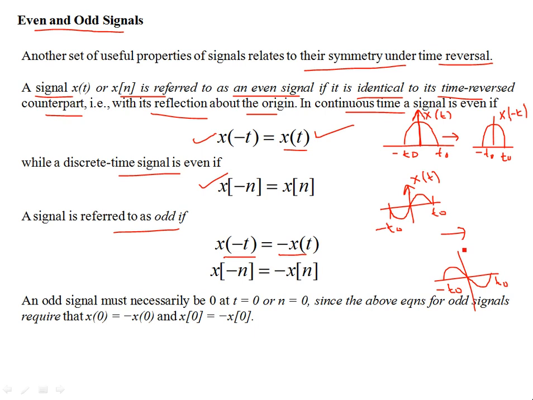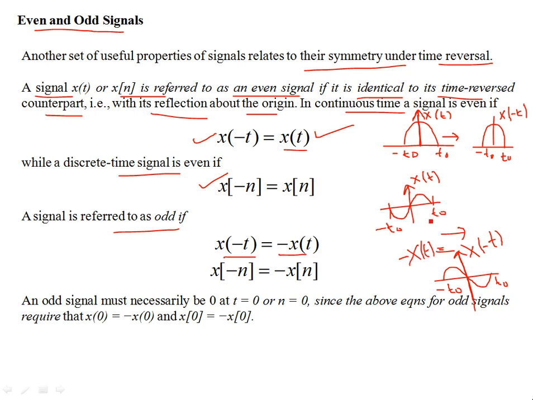This is your x of minus t. You obtain the time reversed version of the original signal by flipping it, considering the vertical axis as a mirror. This is of course not equal to x(t), but you can make the equality work if you put a negative sign with x(t).